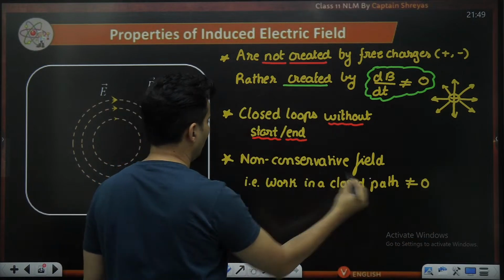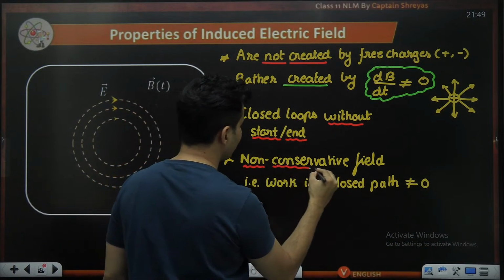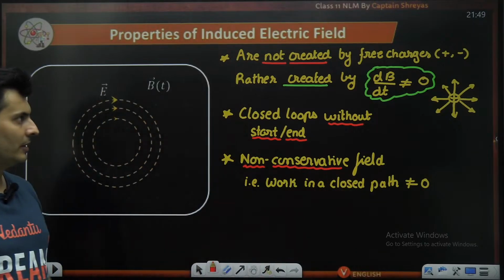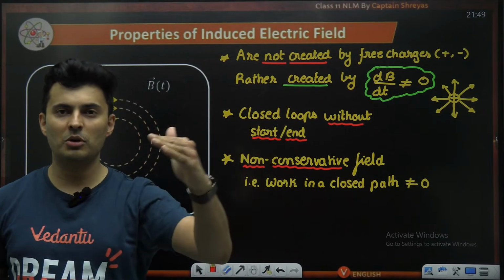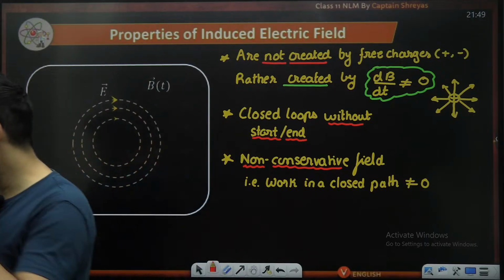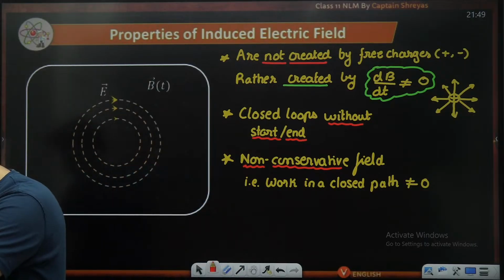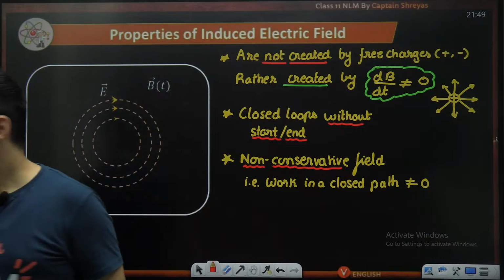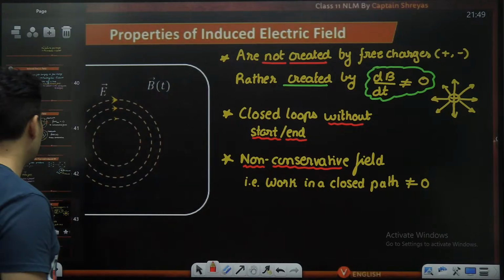So it is a very important thing. It is a non-conservative field. So these are the most important properties that you should know. Is this absolutely clear? Yeah? Perfect. Sir, can I find out the value of this?